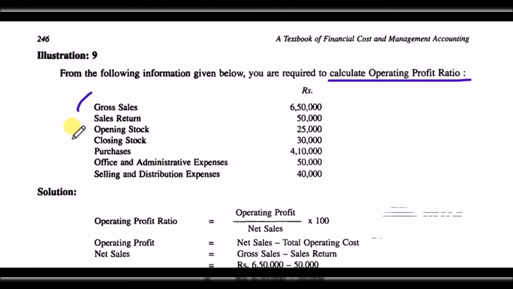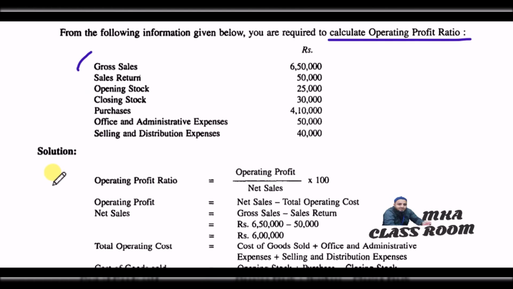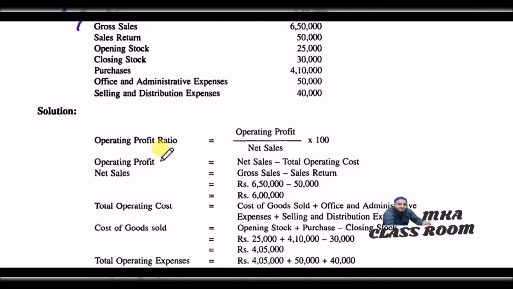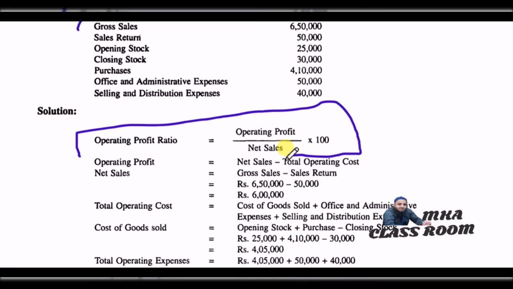Here the cost of goods sold is not provided, so you have to find out the cost of goods sold: opening stock plus purchase minus closing stock. Then net sales minus cost of goods sold and other expenses, and you can get the operating profit. The operating profit ratio is calculated by the formula operating profit divided by net sales into 100.